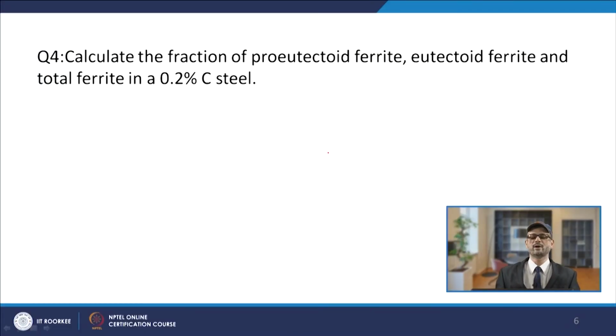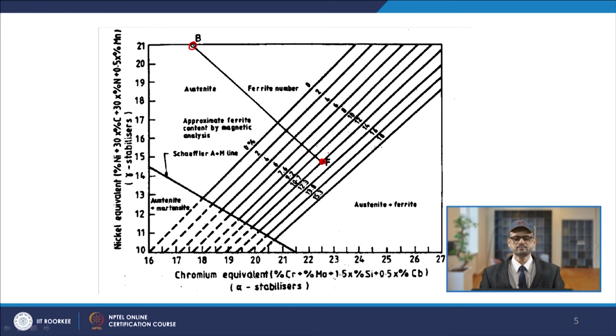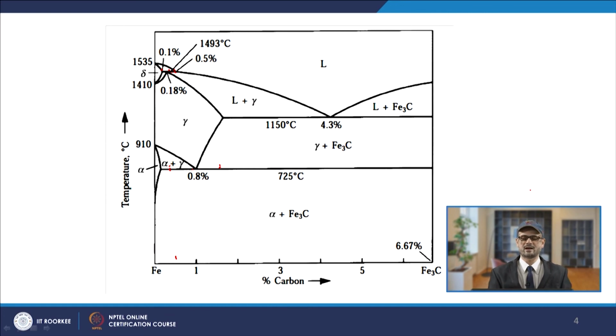Next, we may have another question: calculate the fraction of pro-eutectoid ferrite, eutectoid ferrite and total ferrite in a 0.2% carbon steel. If you talk about the 0.2% carbon steel, you go to this iron carbon diagram and come to this point.